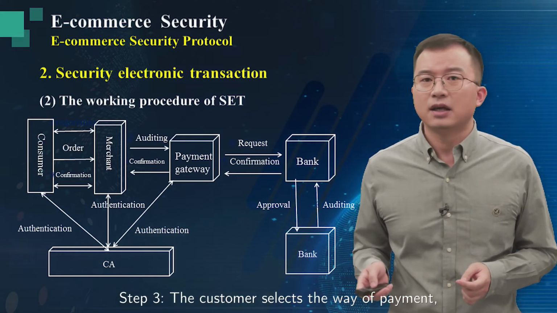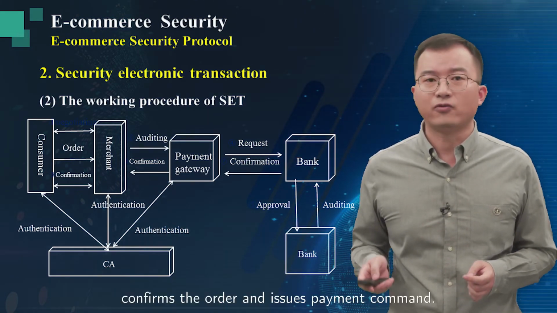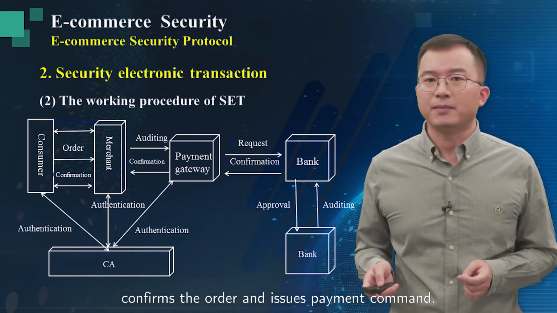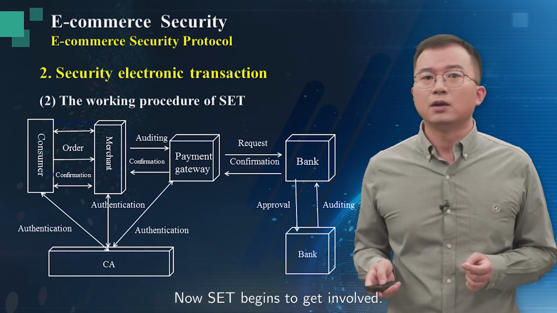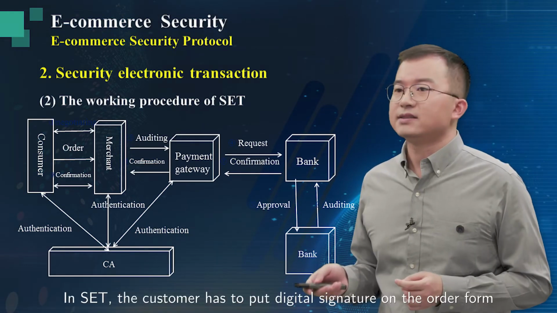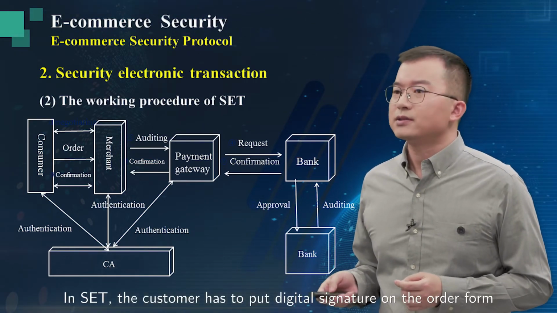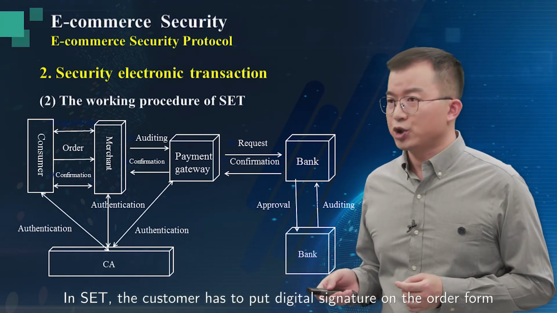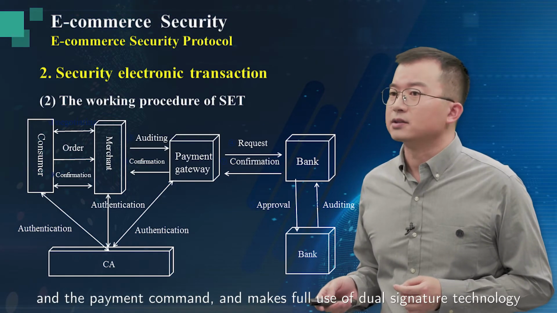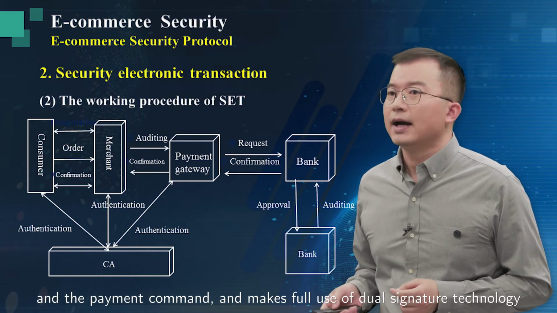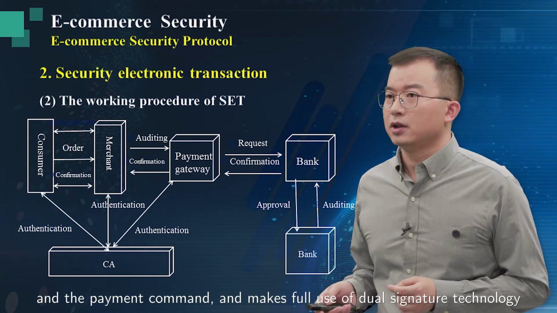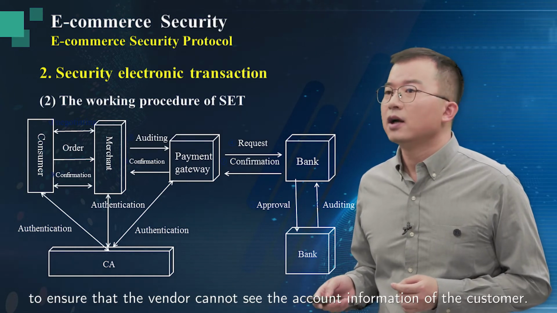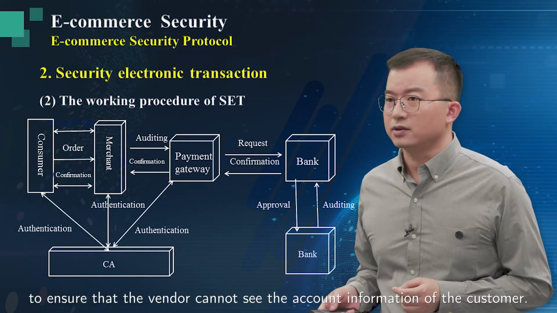The customer selects the way of payment, confirms the order, and issues the payment command. Now SET begins to get involved. In SET, the customer has to put the digital signature on the order form and the payment command, and makes full use of dual signature technology to ensure that the vendor cannot see the account information of the customer.